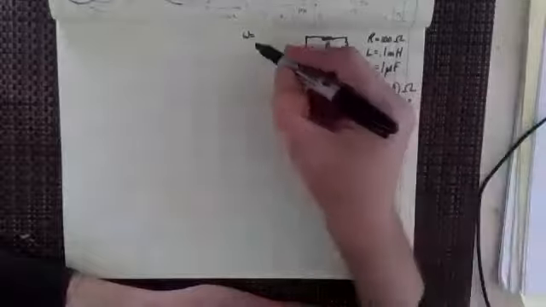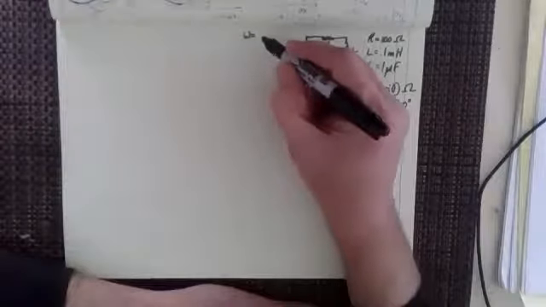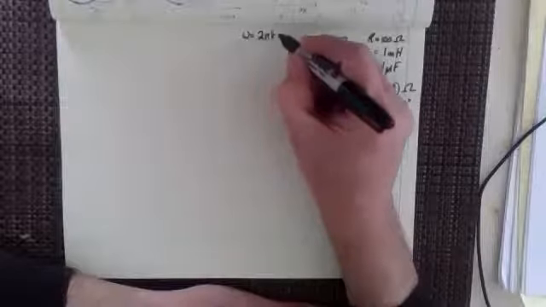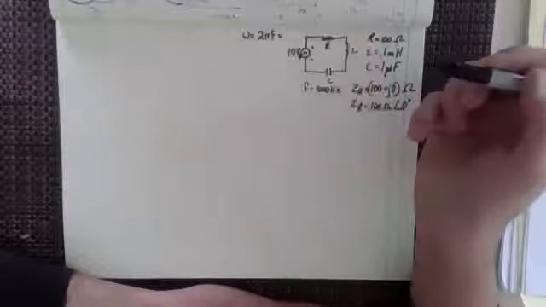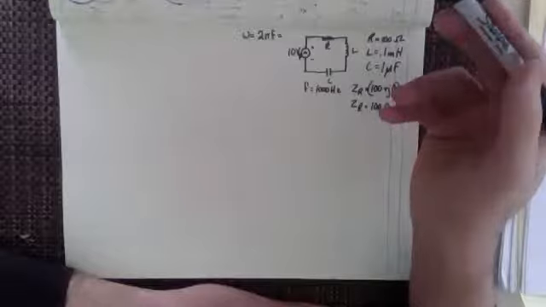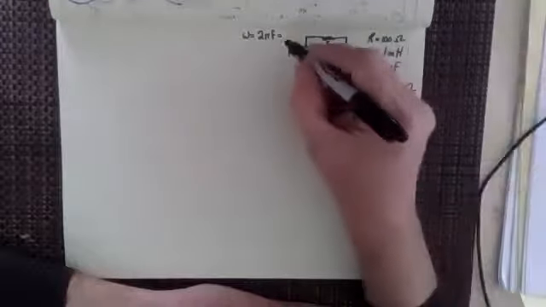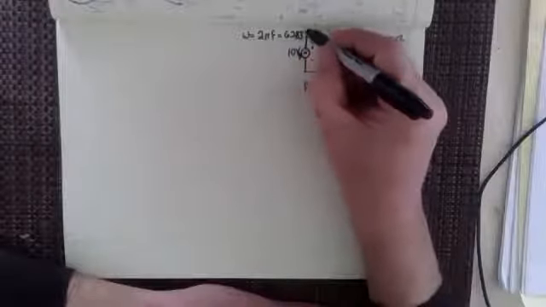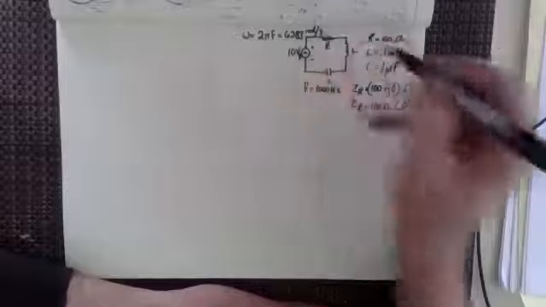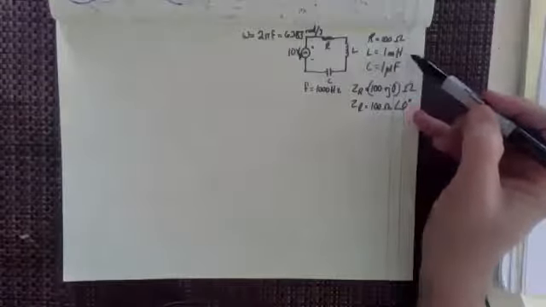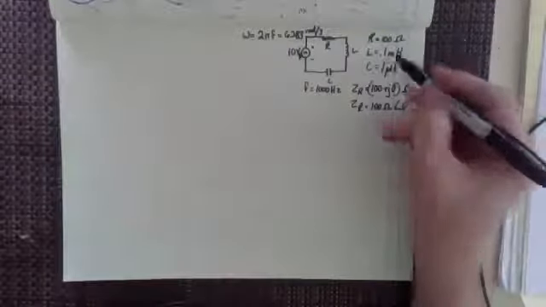So if the frequency is 1000 hertz, then omega equals 2 pi f, and of course its units are radians per second. So 2 pi f would be 6,283 radians per second, right? And we know it's omega L, and we know L is 0.1 millihenry. Or did I say 0.1 millihenry?